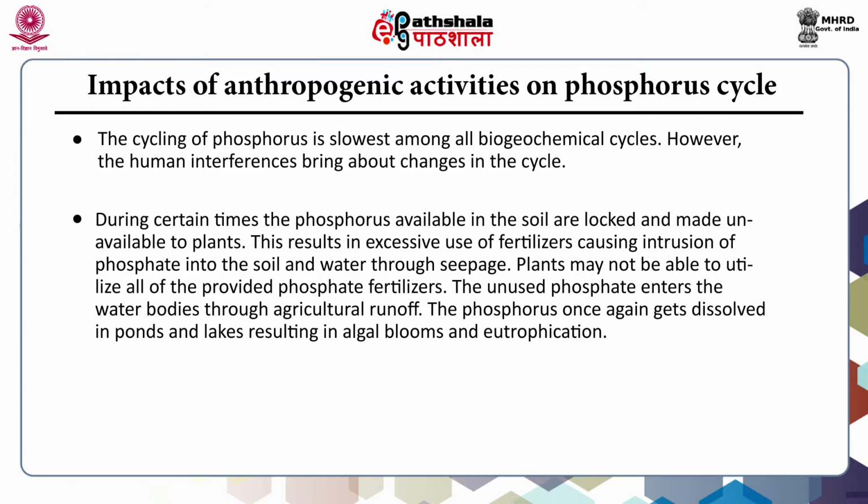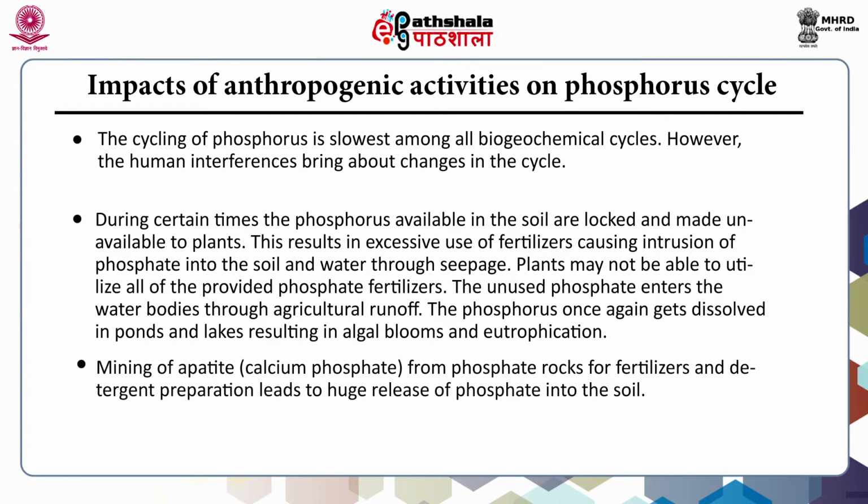This results in excessive use of fertilizers, which leads to more addition of phosphate into the soil and water through seepage. This is one more reason for eutrophication in water bodies. If there is excess phosphate, the plants take some, and the excess phosphates are then washed away through agricultural runoff, and it adds to algal blooms or eutrophication.